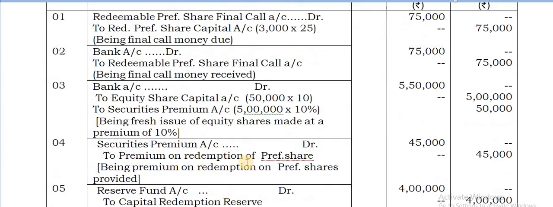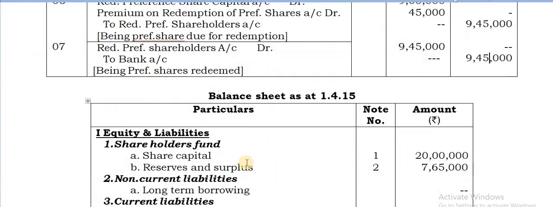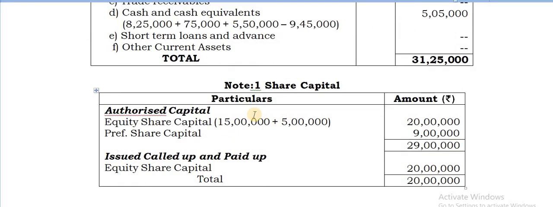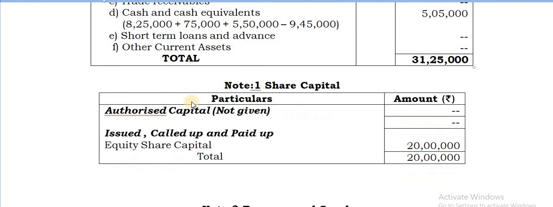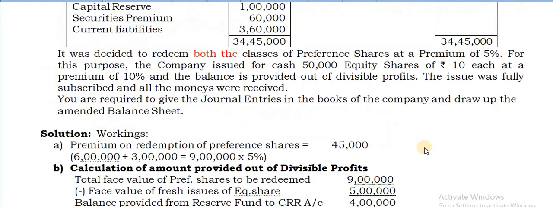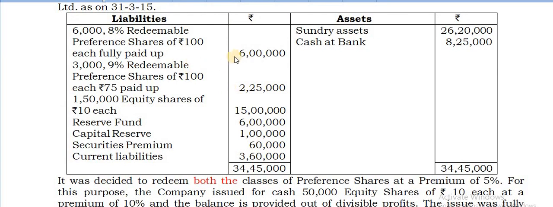Alright, so coming to the balance sheet. On the balance sheet, share capital as note 1. Here you can avoid the authorized capital, you may not write it because it is not given. You can go for equity share capital alone. So how much will you get? 20 lakhs. How are you getting this 20 lakhs? You can find here, existing capital is 15 lakhs.